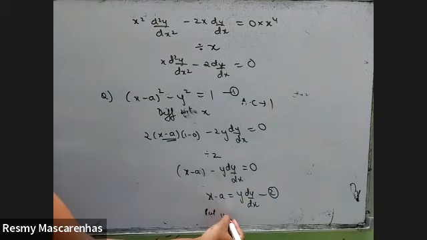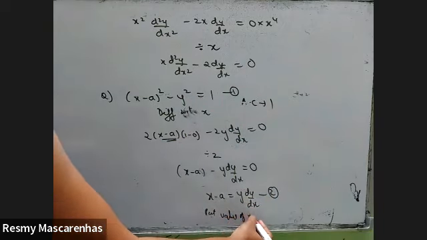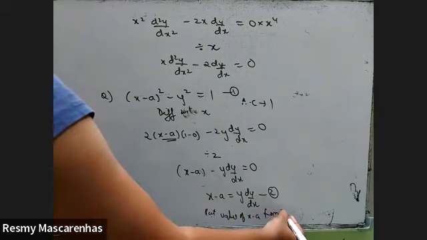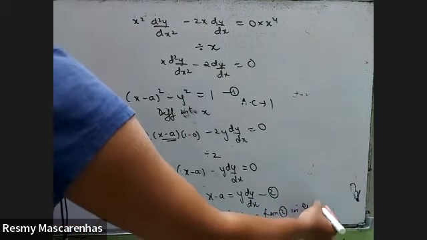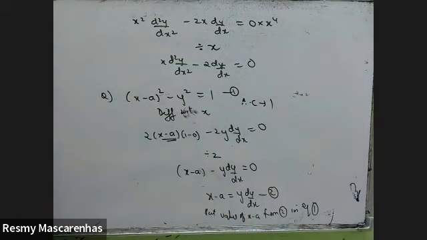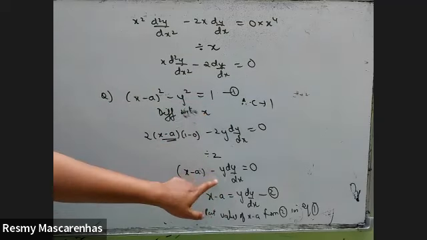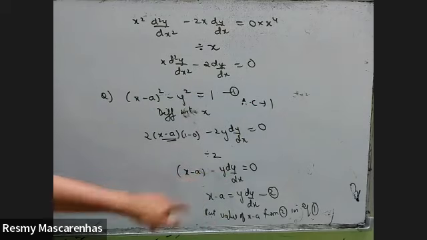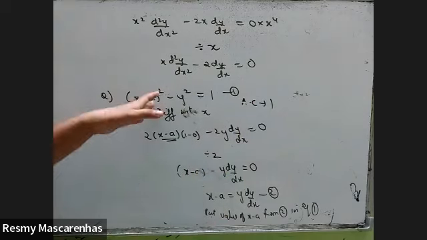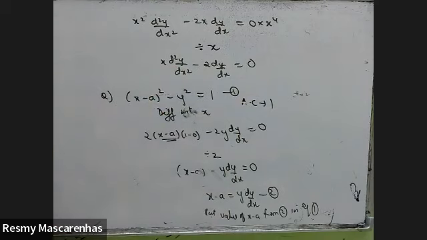Put the value of x minus a from 2 in equation 1, because we cannot differentiate one more time. Only once we have to differentiate. And I cannot leave my answer like this, a should not be there. No arbitrary constant. So that's why I'm trying to substitute it back in the main equation.